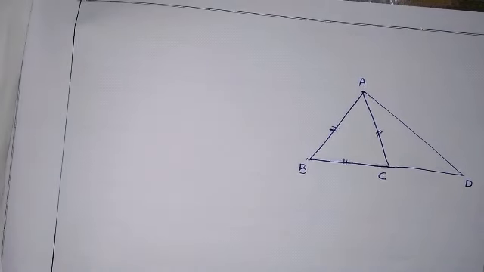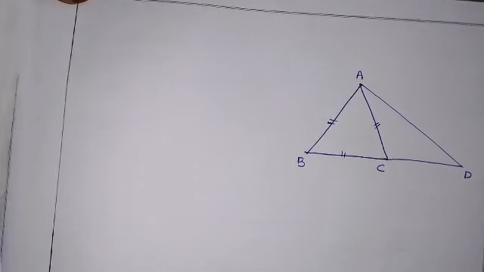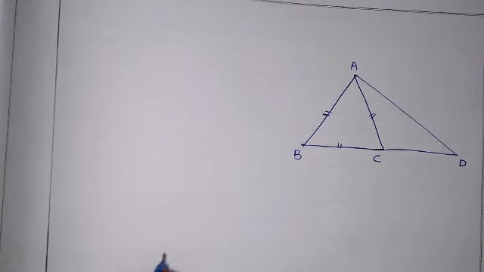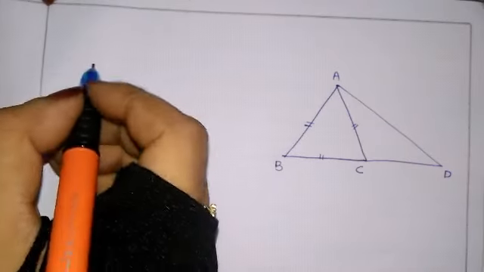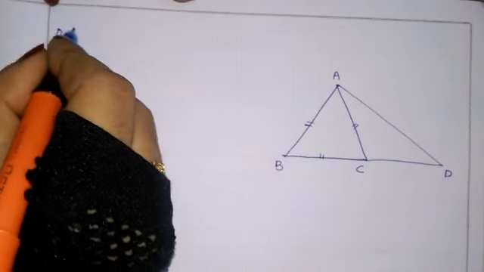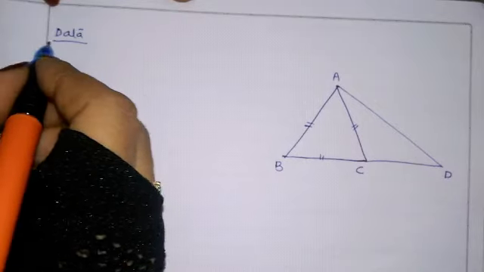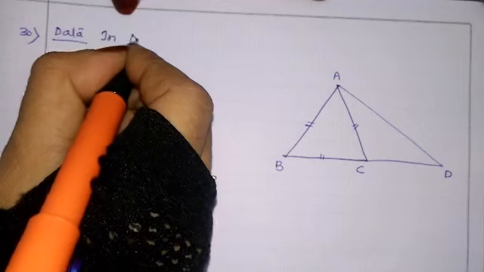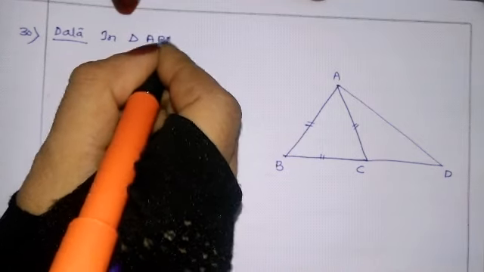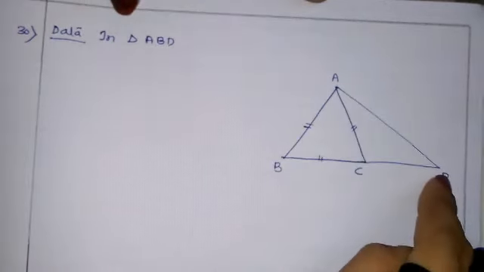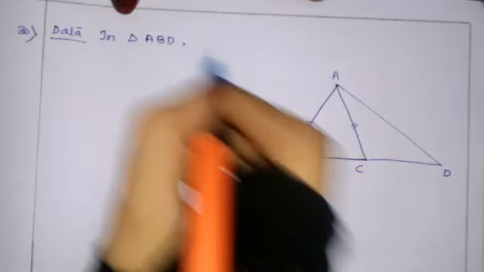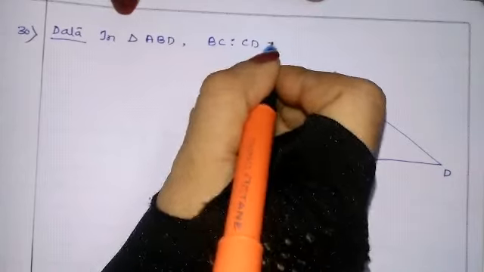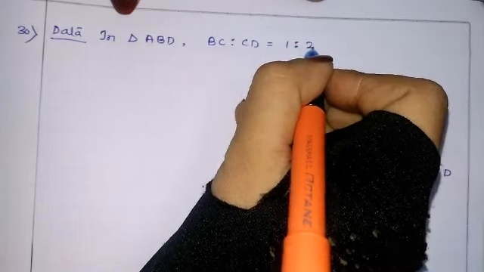Let me write the given thing here. Given is, in triangle ABD, we can focus on triangle ABD. Here they have told BC is to CD is 1:2.